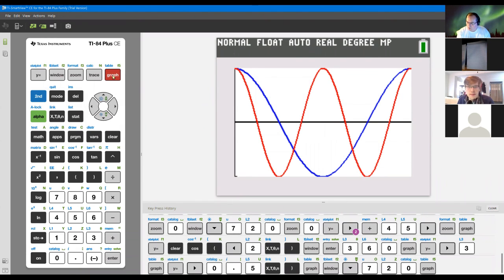So when you look at horizontal stretch or compression, that's a stretch, the thing's getting stretched out. One way to look at that is to use the period to help you understand it. The period of this new curve, the blue one, is 720 degrees. If you looked at the x value here, it would be 0, and at the end of this line, it would be 720. It takes 720 degrees to repeat itself.